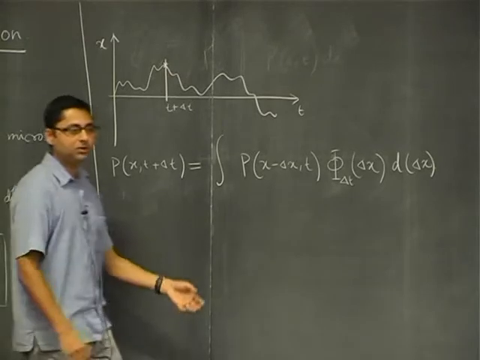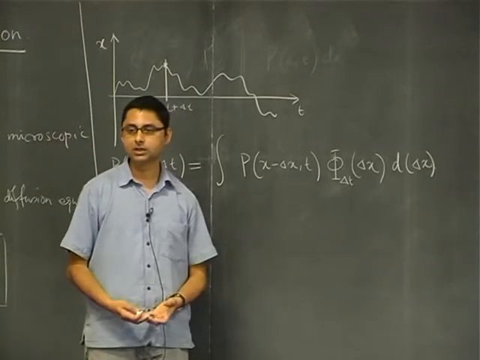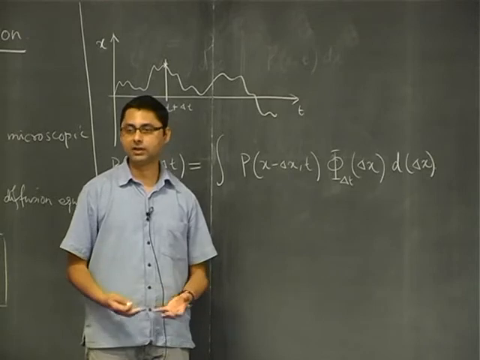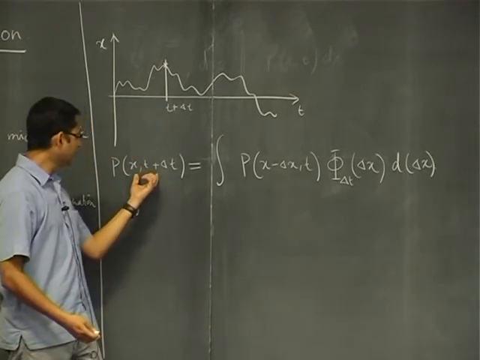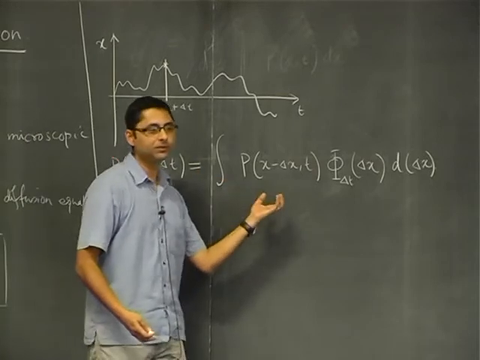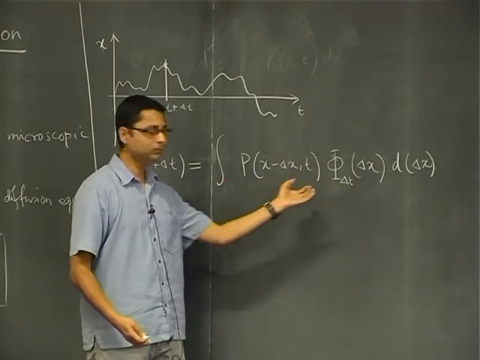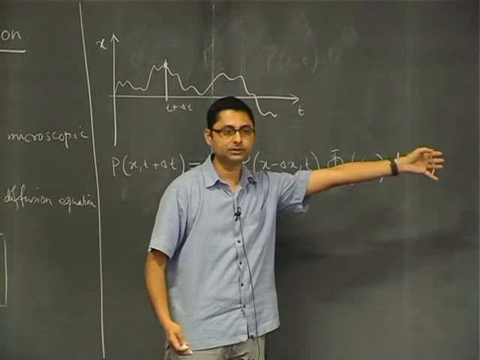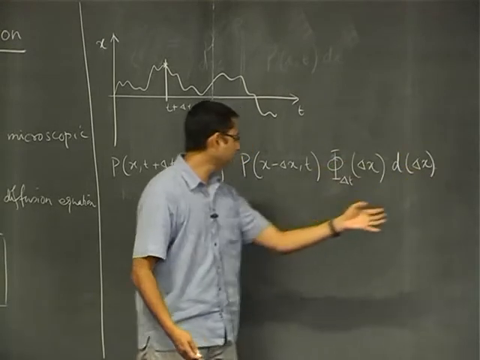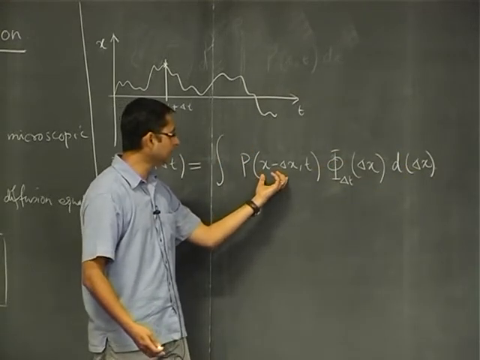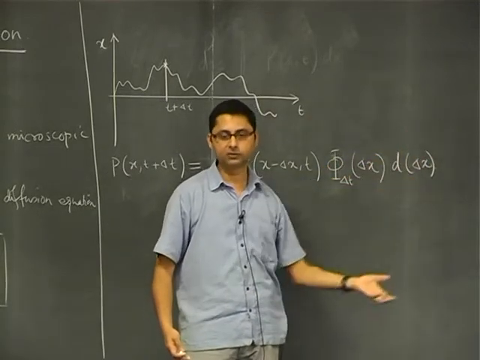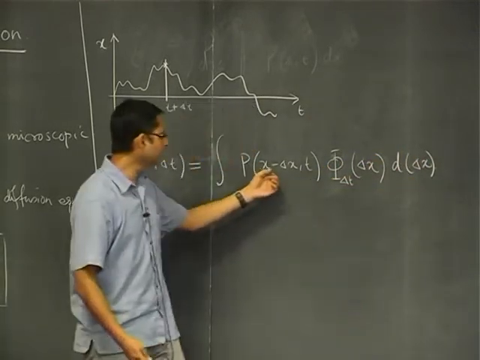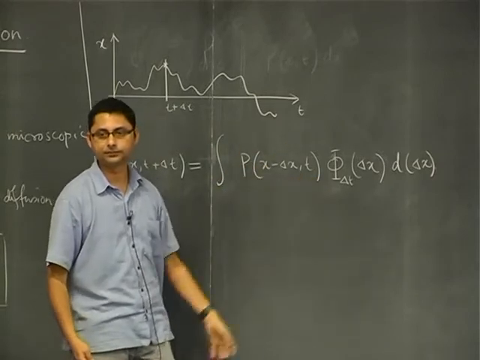This I can do because the system is Markovian, right. So the probability at one instant just depends on the probability of a previous instant, not full histories. In general it could have been that this probability depends on full history, and that is not a Markovian system. So here I can do this because it just depends on the previous instant.